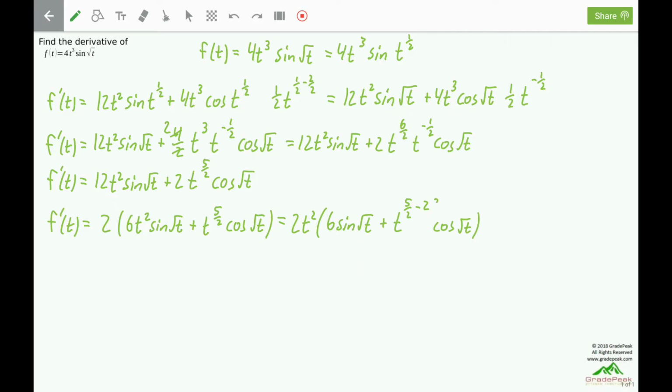Now what we're going to do with that 2 is multiply it by 2 over 2 to get a common denominator.